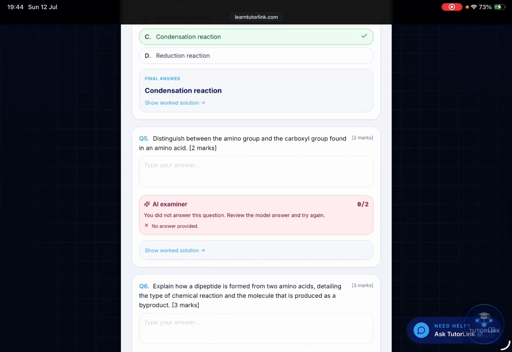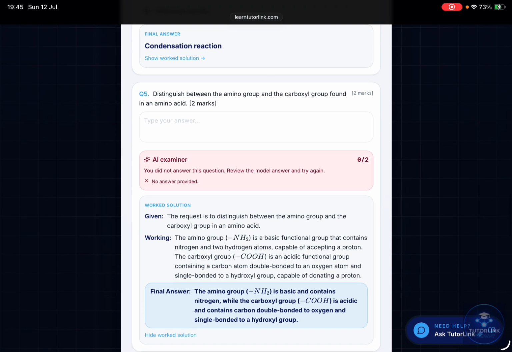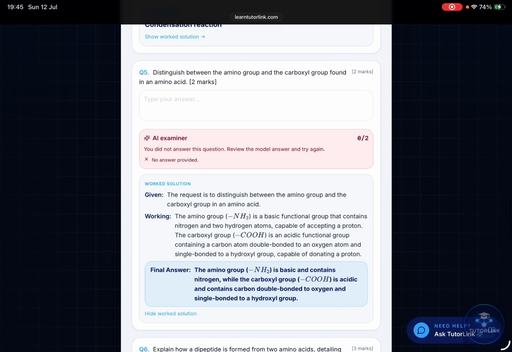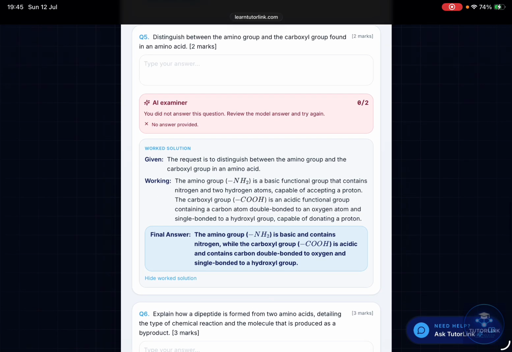This one we did. Here, like we said, the amino group has 2 hydrogens and the carboxyl group is double bonded to oxygen and has an OH. But you see, this question is 2 marks. This working is just to help you understand better.